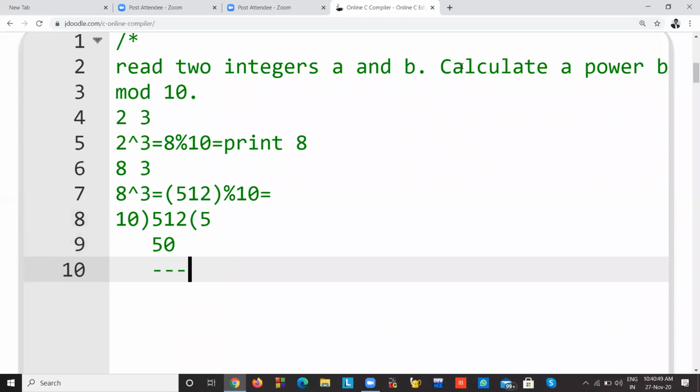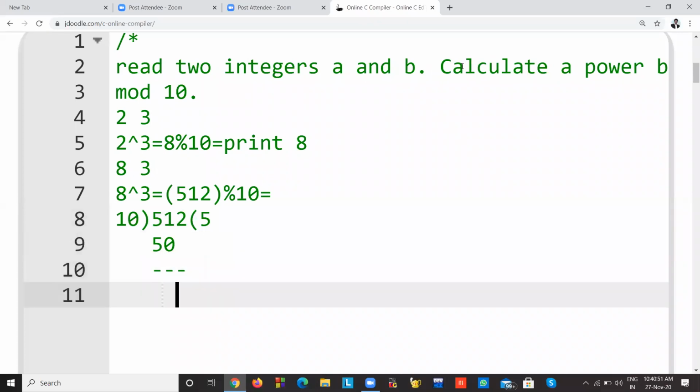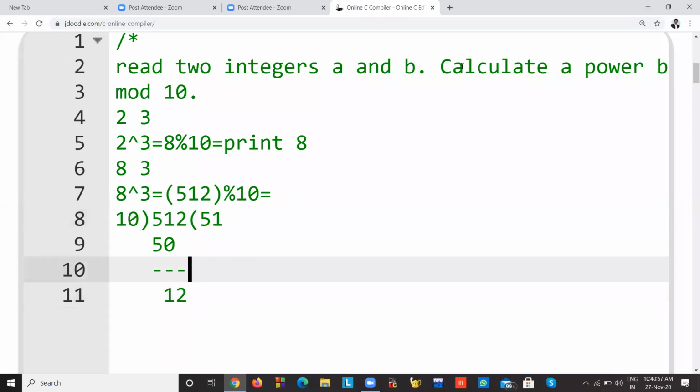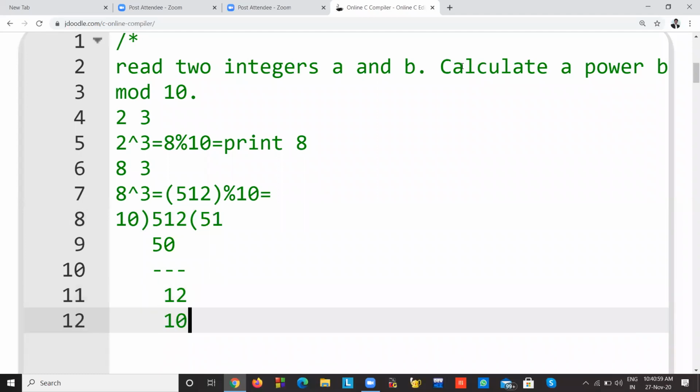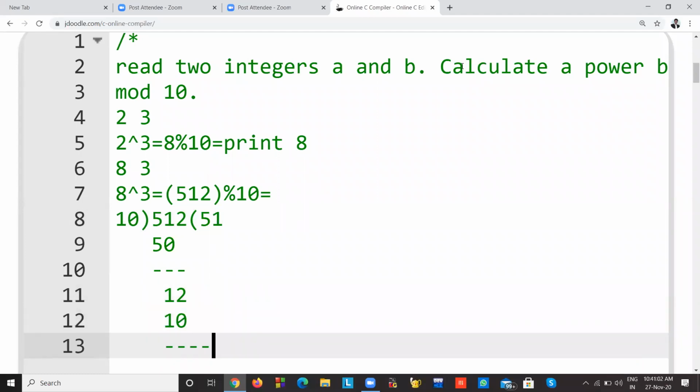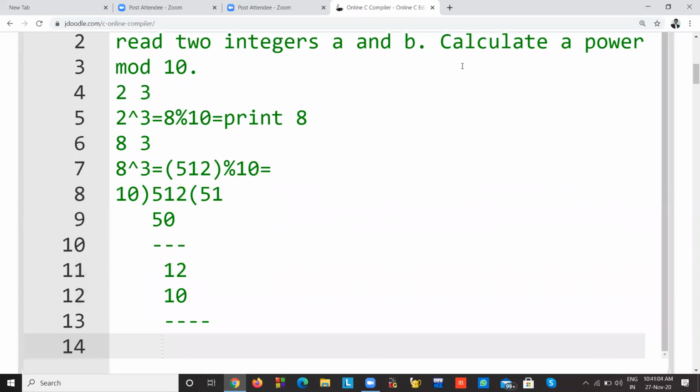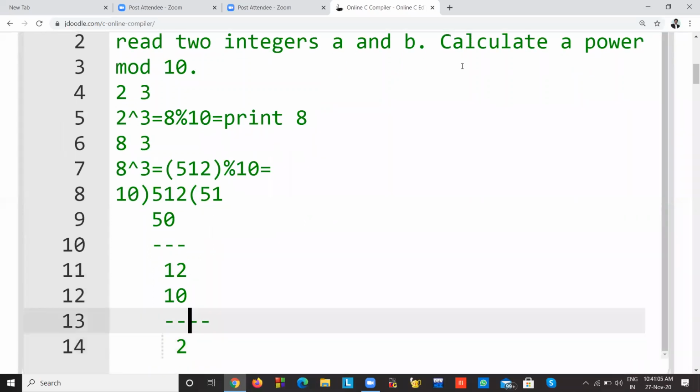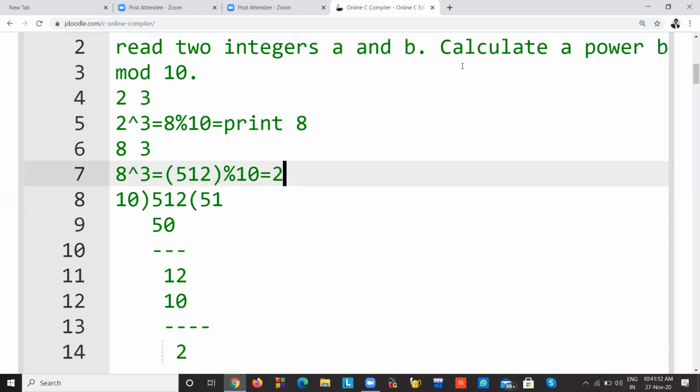Here, what is the remainder now? 1. Of course, we are having 2 also. How many times can we divide? 5 ones are 10. Now the remainder is 2. So therefore the answer is 2. So we need to print that 2 here.